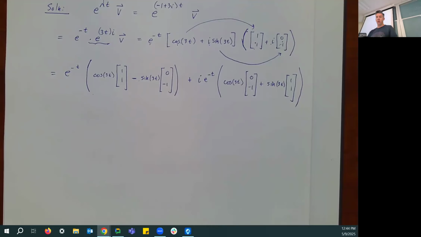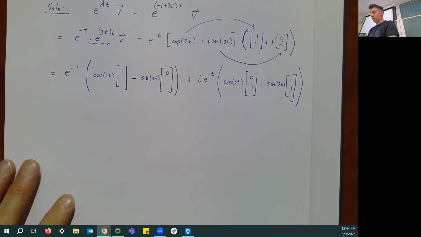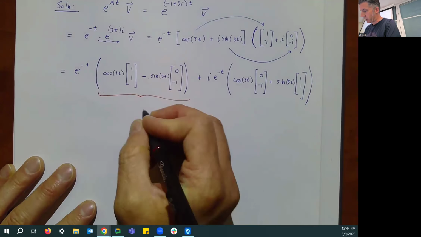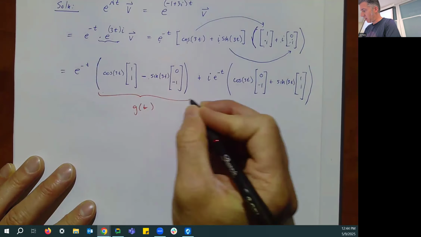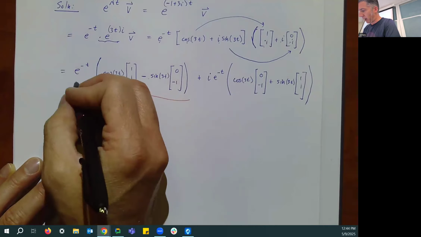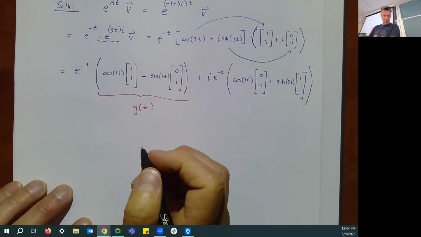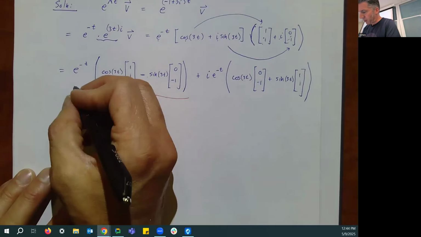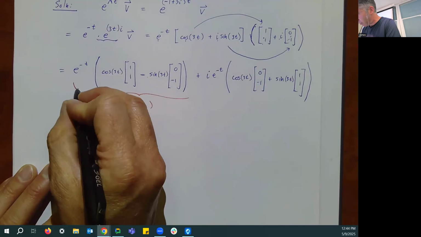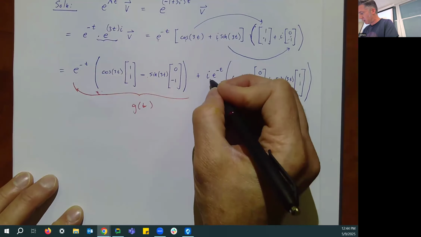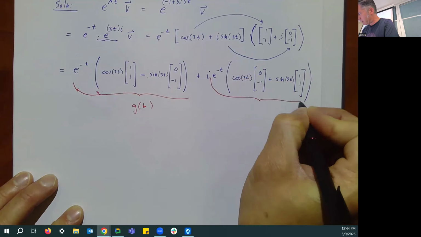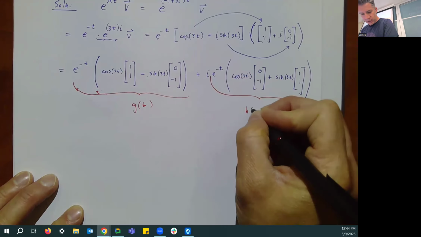Now, the nice thing here that your instructor likes to do, and I do agree with this part, is he then says, cool, we're going to call this g of t. Sorry, let me make sure I've got this right. I should be capturing the e to the negative t there. We're going to call that g of t. We're going to call that h of t.